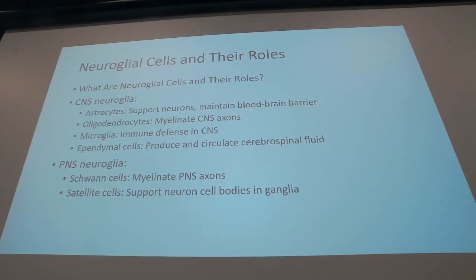And part of these extensions is wrapping around blood vessels like the capillaries and forming the BBB, blood-brain barrier. With this blood-brain barrier, we prevent molecules that can damage our brain from coming into the brain. But that's not everything.